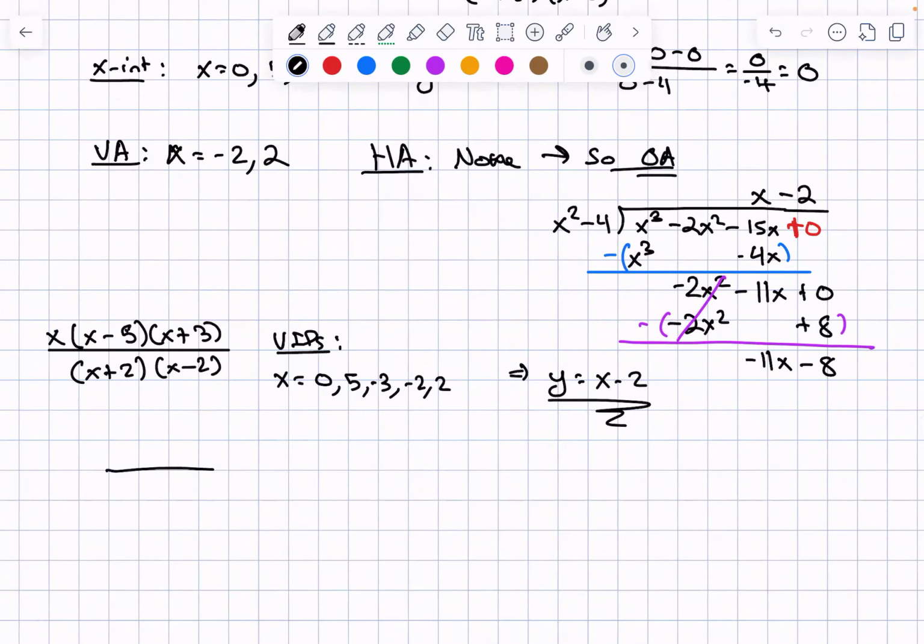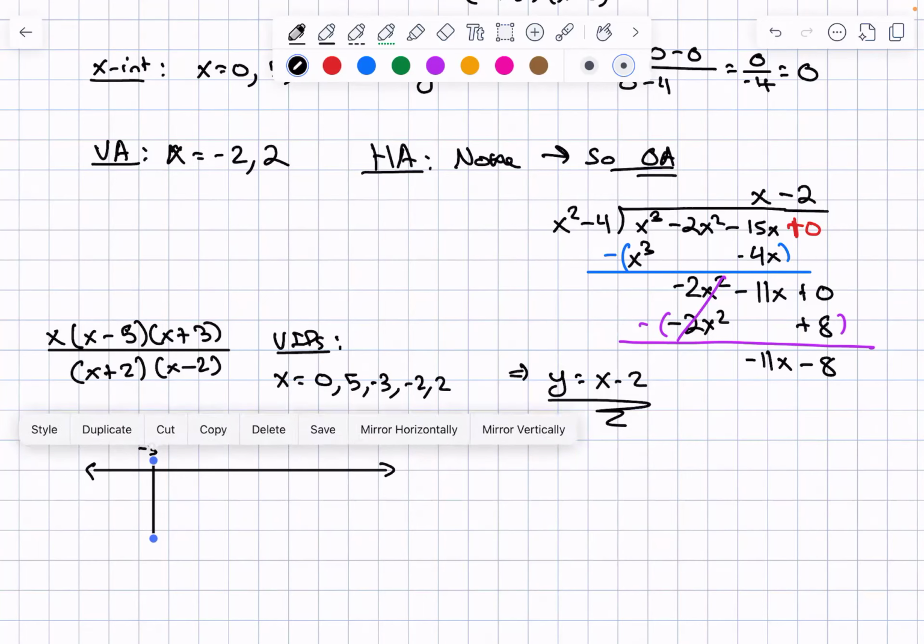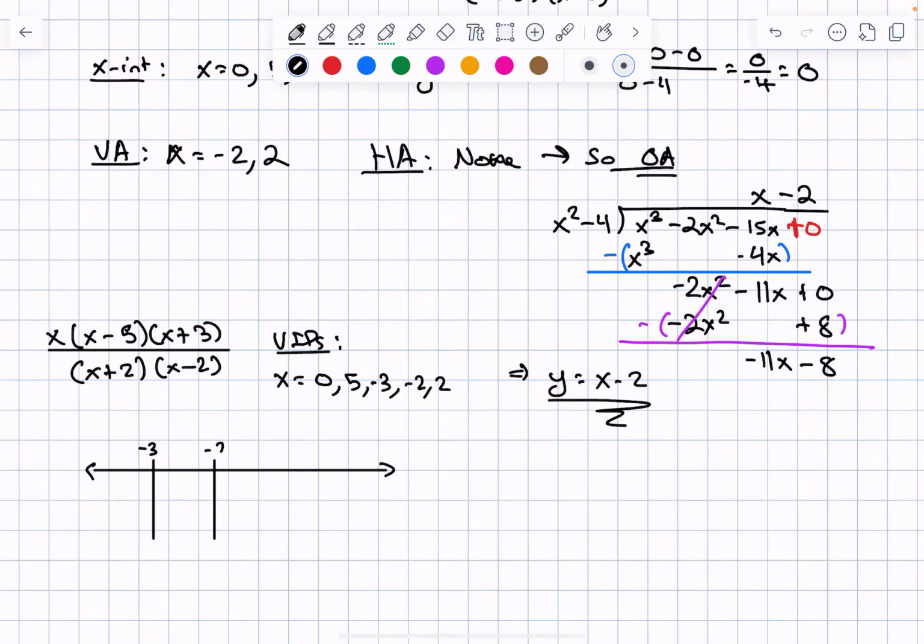So we'll make a sign chart. I know that's a lot of numbers, but it's going to be fine. So we'll draw. So the most negative is -3. Let's make that space. -2, 0, 2.